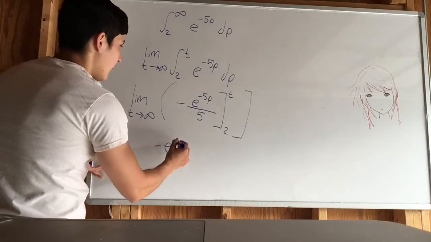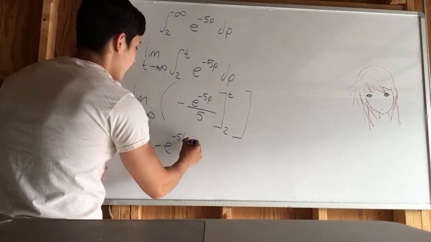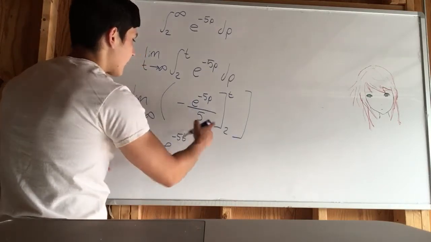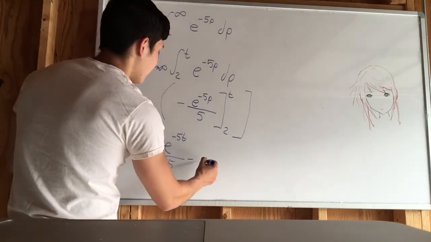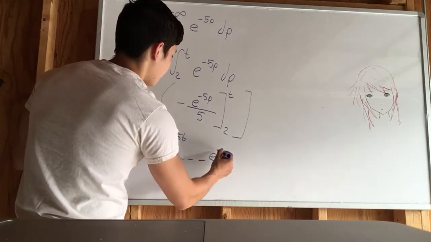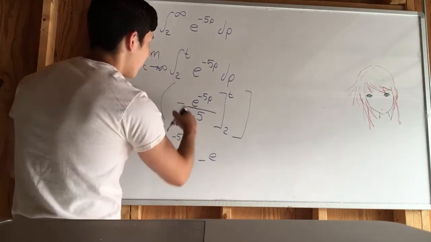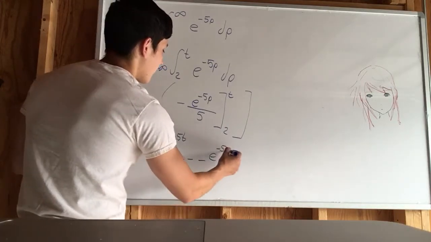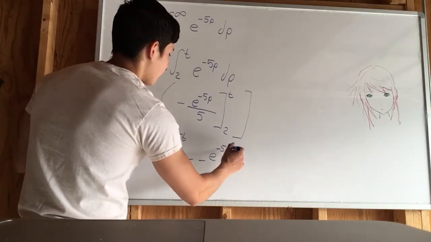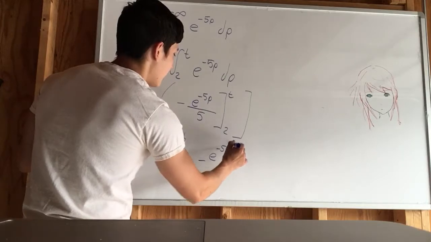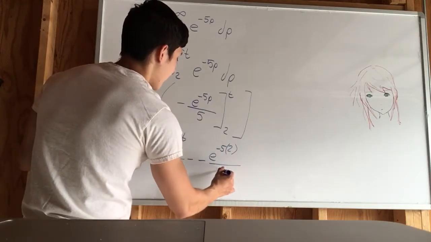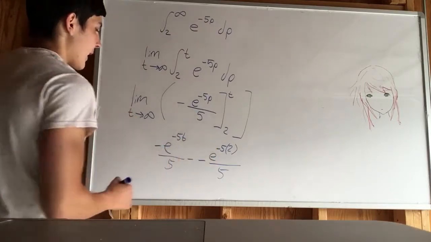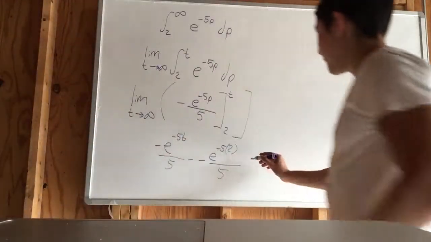So we have negative e to the negative 5t over 5, and then we subtract, plugging in the lower bound to this thing. That's why we have two negatives here, two minuses. Here we have the 2, and this is over 5 also. So we get negative 10.